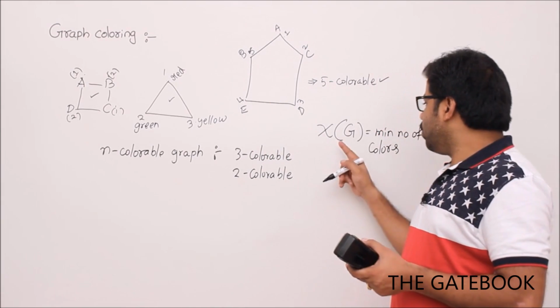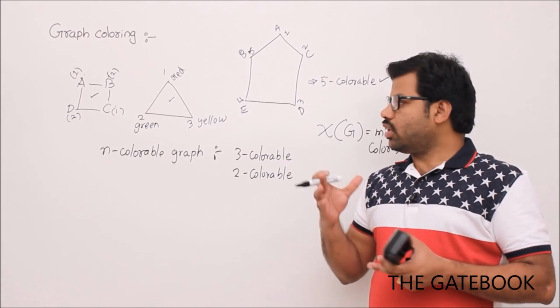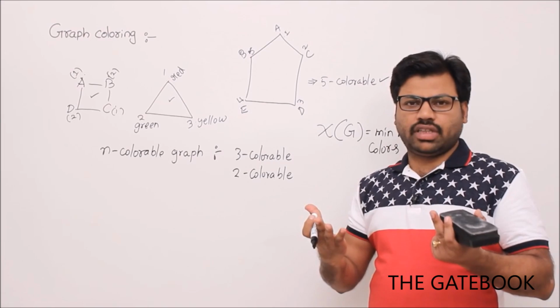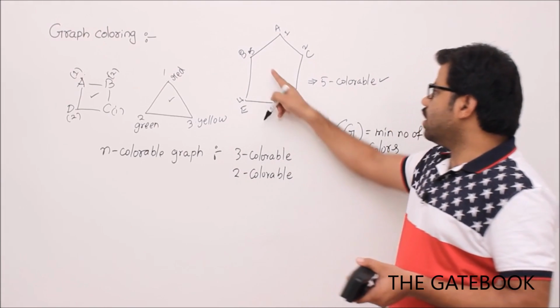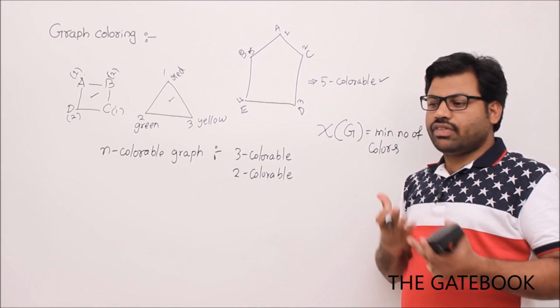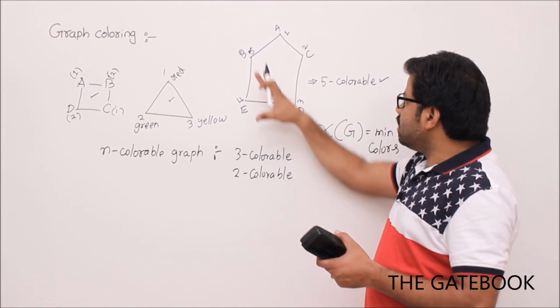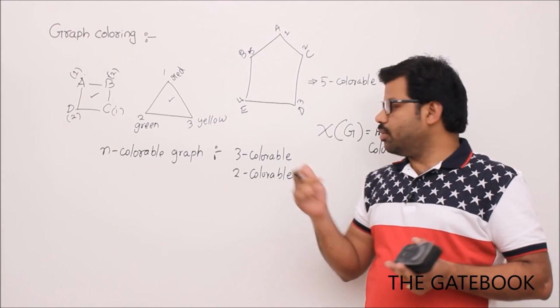That means finding the minimum number of colors required to color the graph is very difficult without checking all possible things. Try with 1 color, try with 2 colors, try with 3 colors, in that way. Try all possible ways. Based on that we can find out the minimum number of colors.